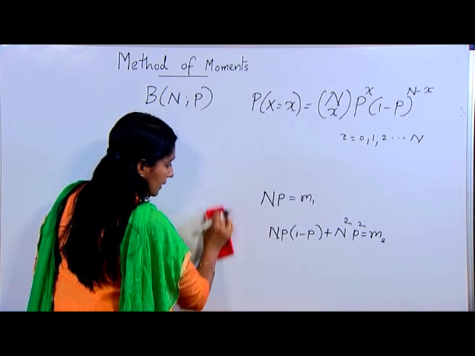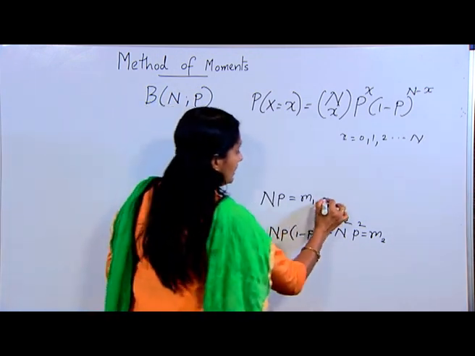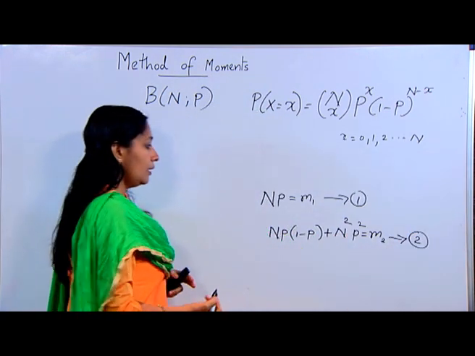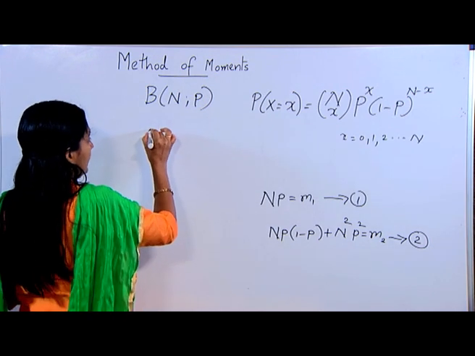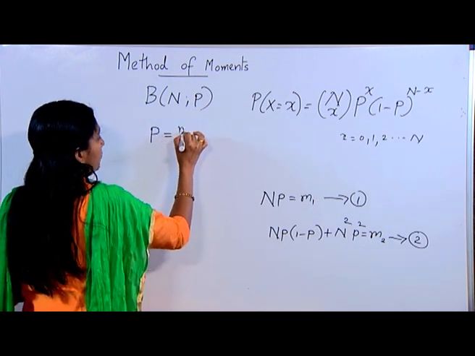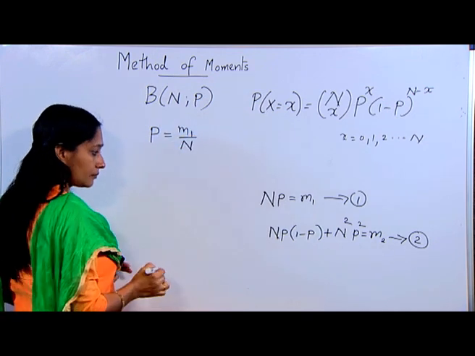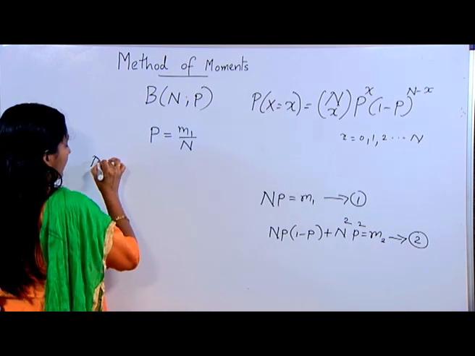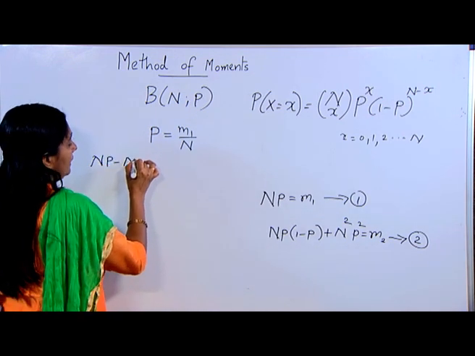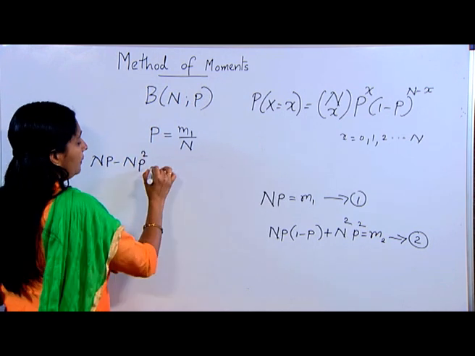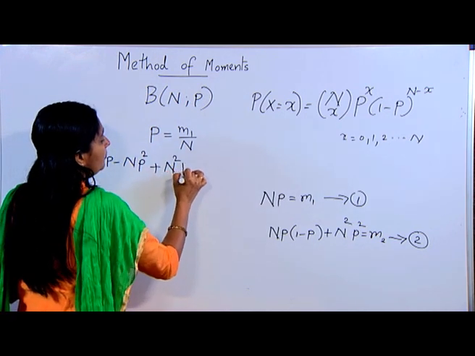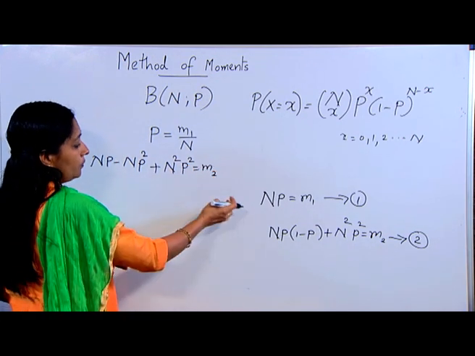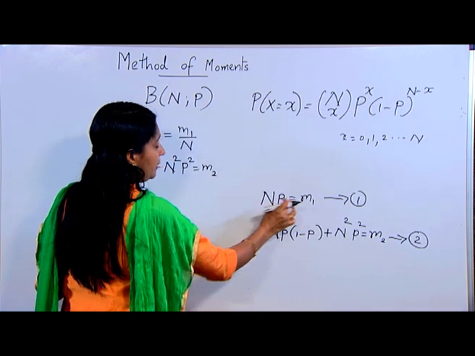Look at these two equations here. Let us call this equation number 1 and this equation number 2. From the first equation we get p = m1 by capital N. Now, expanding the second equation we have Np - Np^2 + N^2 p^2 = m2. Now, we can see that in the first equation Np = m1.